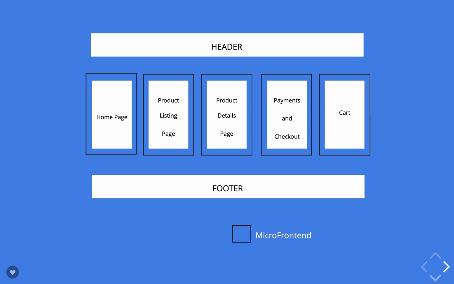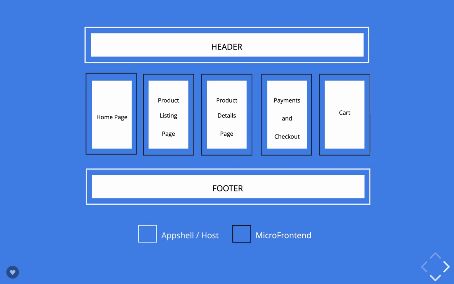And all these microfrontends will be hosted in a host, or let's say app shell, which will contain the header and footer. So when someone requests a home page, the app shell will load the homepage microfrontend and serve the complete page as a home page.